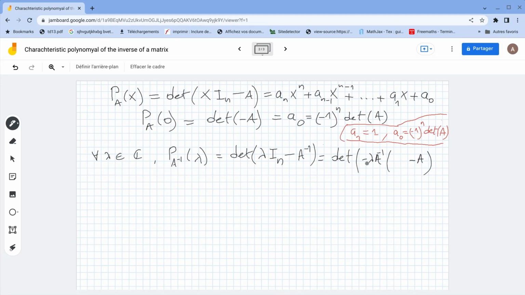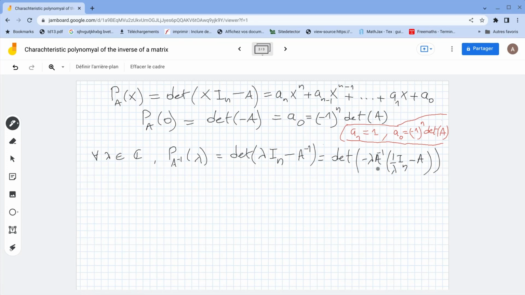When I do the product, minus lambda A inverse times minus A is lambda I_n, and then here I get 1 by lambda I_n. If I do the product, I have minus A inverse.